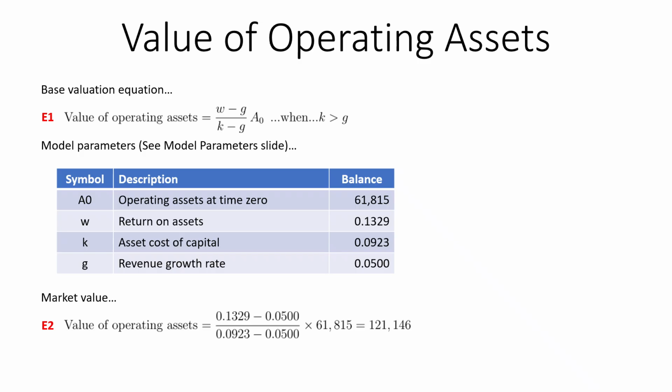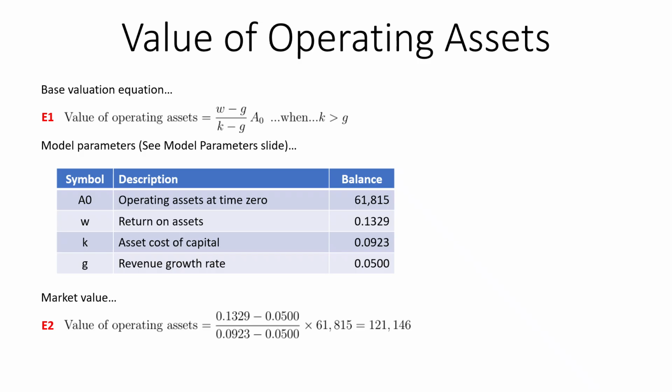So if we look at E1, that's the value of operating assets, and we're going to take that equation from the value of perpetual debt applied to common equity. If you look at that equation, the numerator is W minus G, the denominator is K minus G, and then we're going to multiply that ratio by assets.